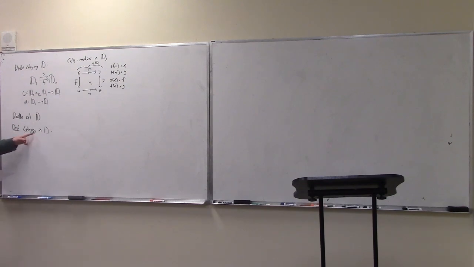Some people call this a monoid in D, some people call it a monad in D. I'm going to call it a category in D for the purposes of this talk. So it consists of an object X and a pro-arrow from X to itself, and it consists of two cells.